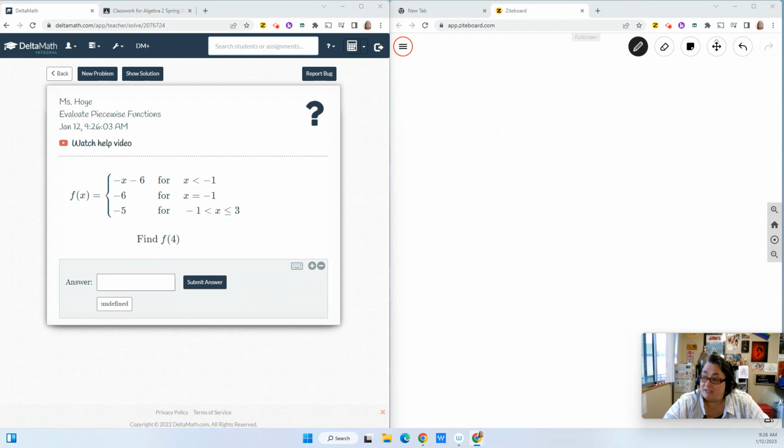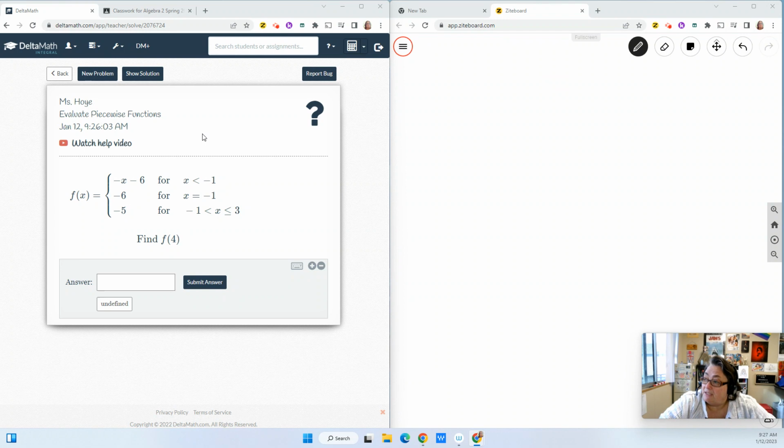And in this case, it's saying find f of 4, which means that we're going to plug 4 into x. But we have these three different equations, and we don't have to plug it into all three. We have to look at where the parameters allow that x value to be 4.